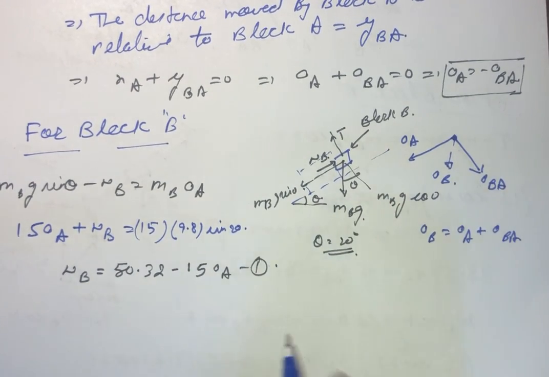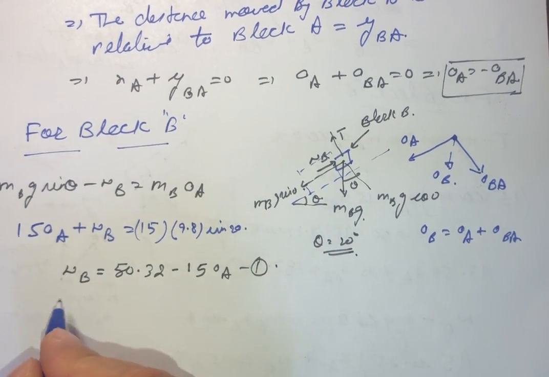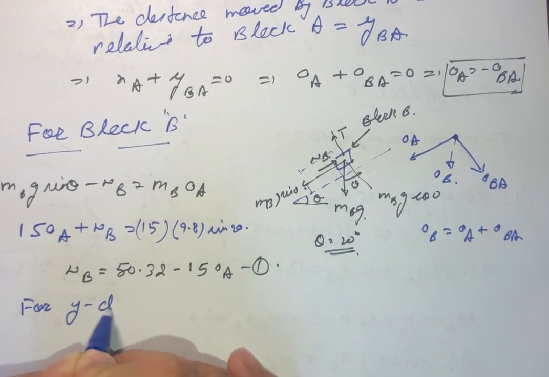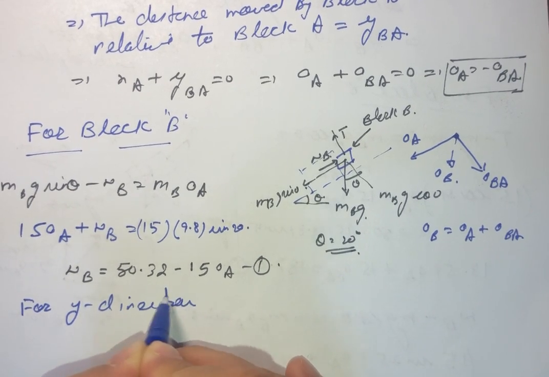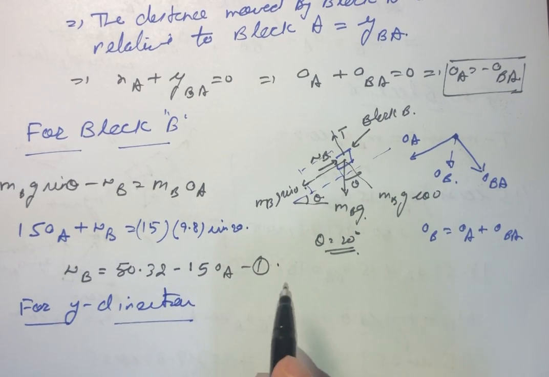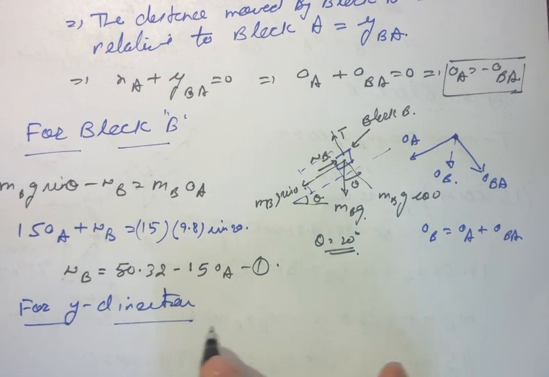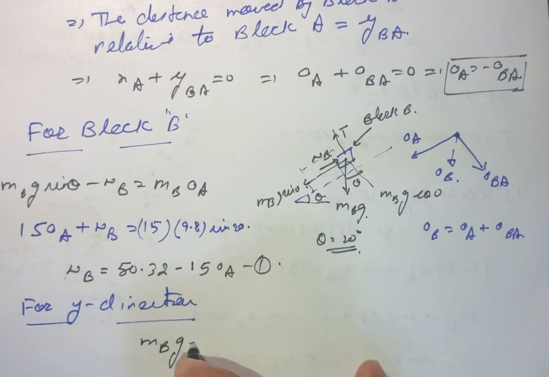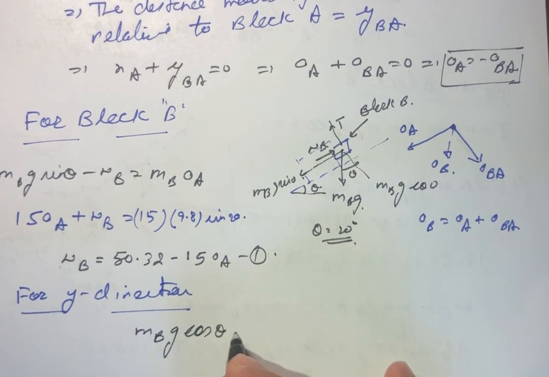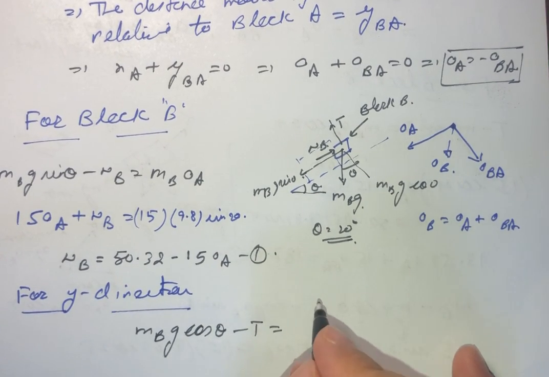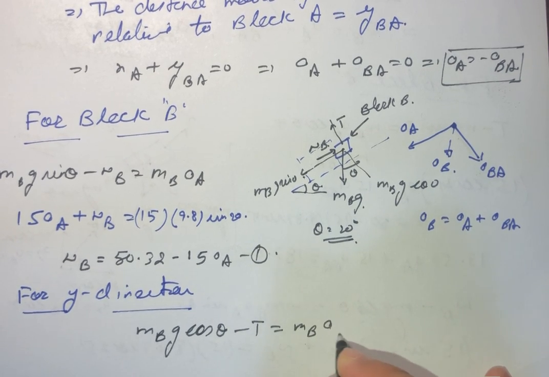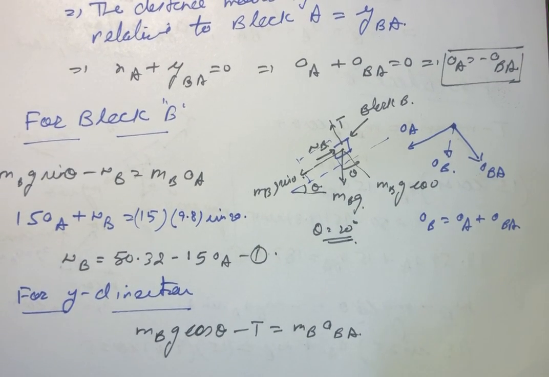And in the y direction, we have mBg cos theta minus T is equal to mB times acceleration aBA.